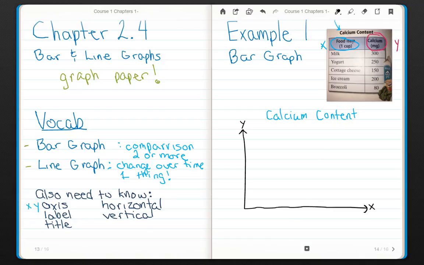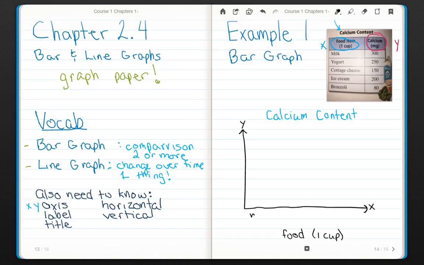So we already determined that the food item was going to go on our x-axis. So our label is food, and our amount, how much food, goes in parentheses, just like it is here in our table, is how it's going to look like down here.